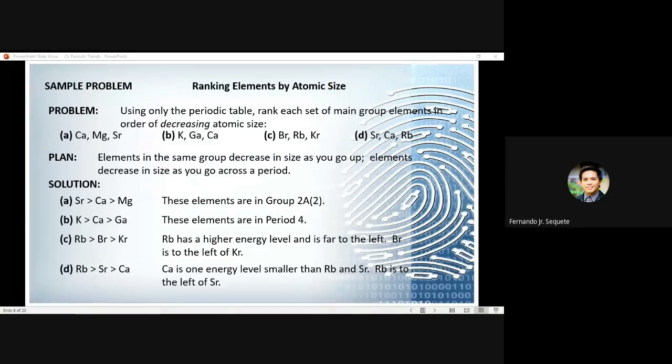Okay. So meaning to say, titingnan natin yung periodic table natin, hanapin natin sa tatlo na yan yung may pinakamalaking atomic size. At alam naman natin na yung atomic size natin ay sa periodic table.